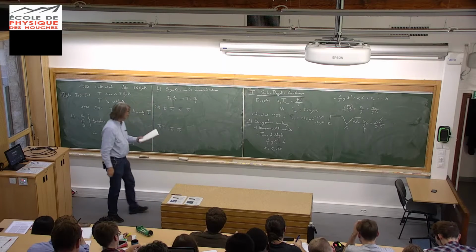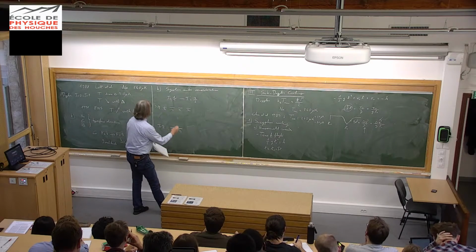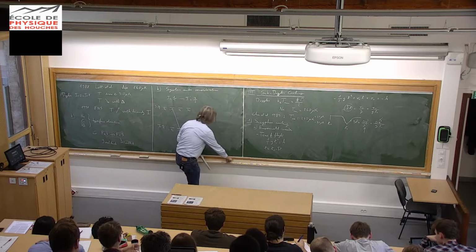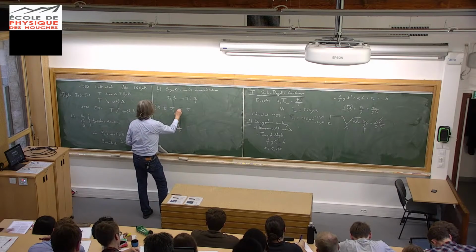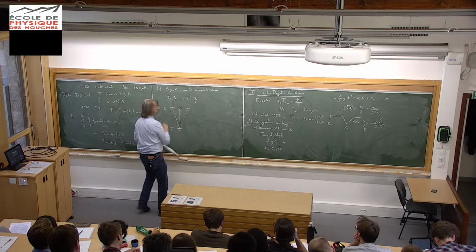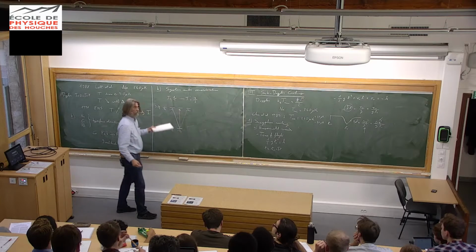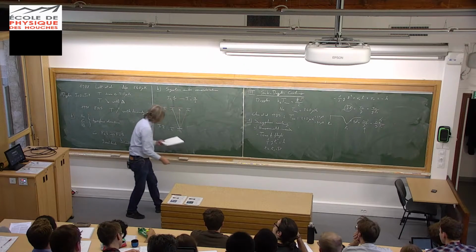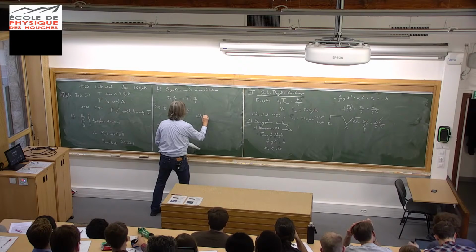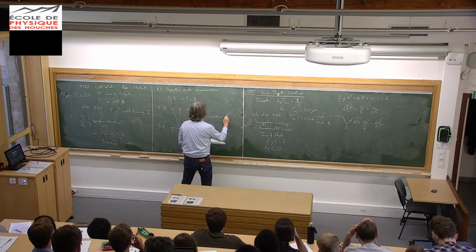So what you have to know here, that from this level, for instance, you can absorb sigma minus photons, you can absorb pi photons, or you can absorb sigma plus photons, but you have some coupling strengths for the different transitions, and these coupling strengths are related to the Clebsch-Gordan coefficient.